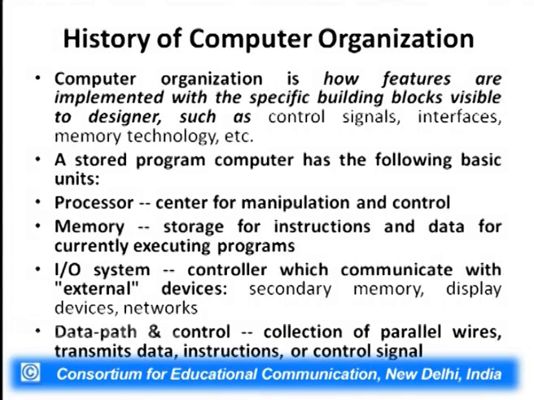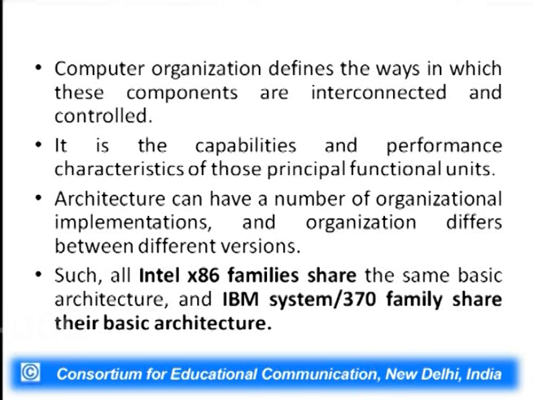So, a stored program computer, which is the computer we are using today, has the following basic units: the processor, which is the center for manipulation and control; memory, which is for storage; I/O, which is for inputting and outputting; and data path and control, which is a collection of parallel wires transmitting data, instructions and control signals.